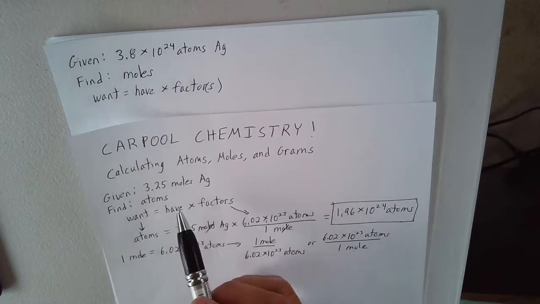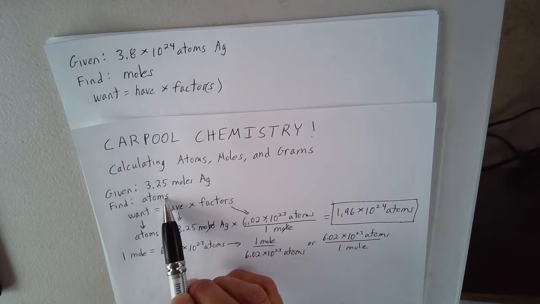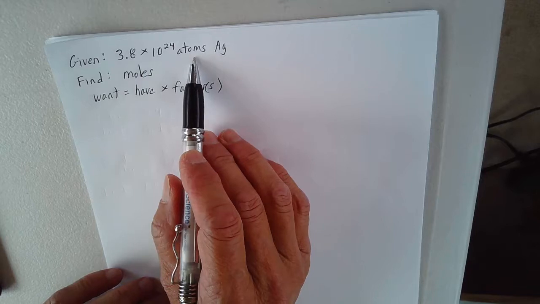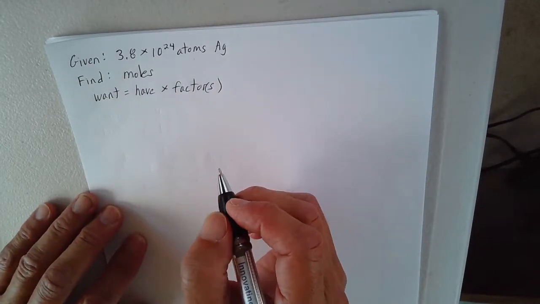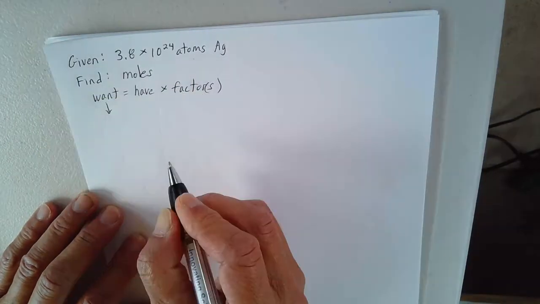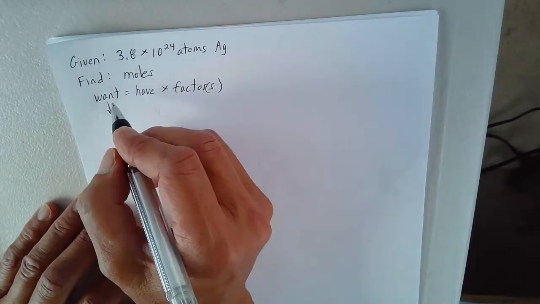Now let's say, instead of giving you the number of moles and asking you to find atoms like they did in our previous problem, now they give you the number of atoms and they ask you to find moles. Well, once again, you do not need to memorize any specialized formula for this, but rather we just use our general equation for dimensional analysis again. Want is equal to have times factors.